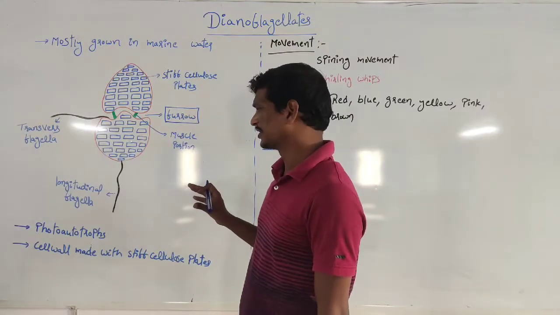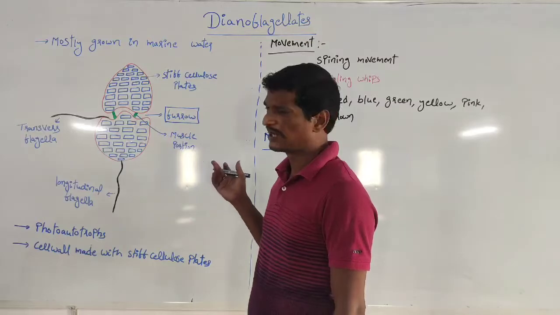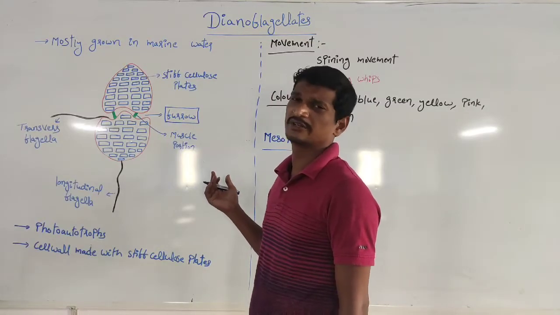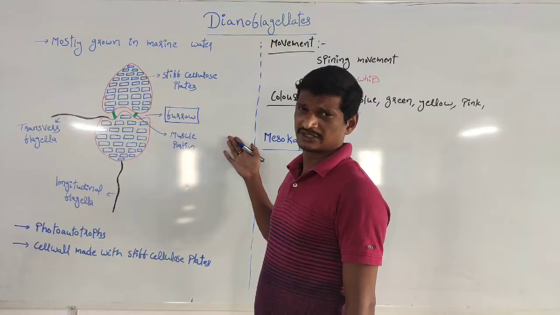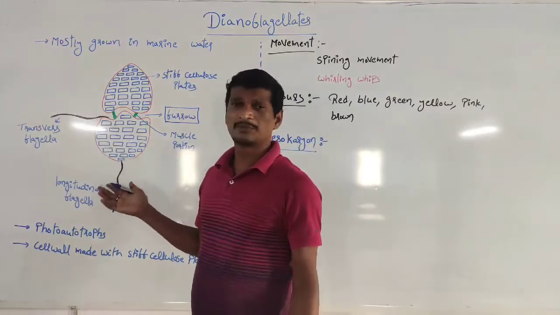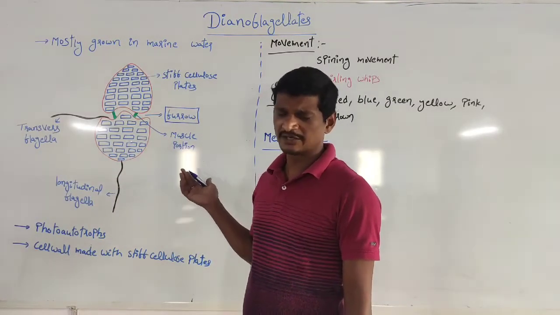And coming to the next one, flagella. Remember, these are eukaryotic flagella, because these are eukaryotic cells, and the prokaryotic flagellum is different from the eukaryotic flagellum. Here there is a 9 plus 2 arrangement.